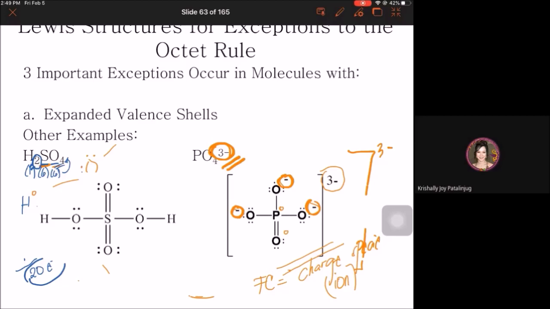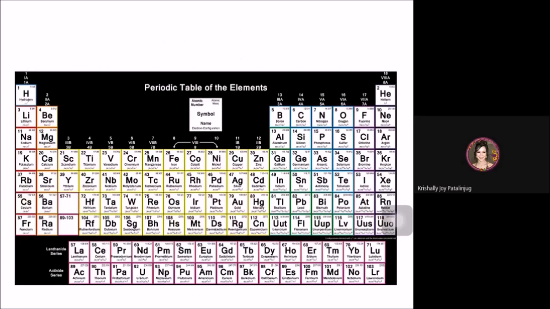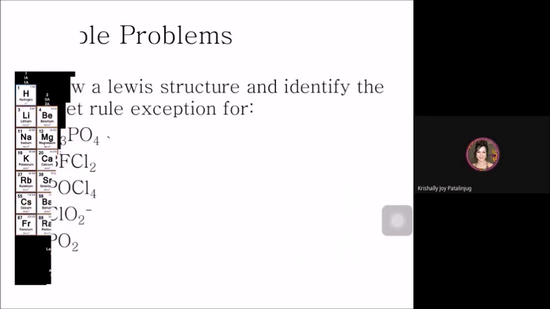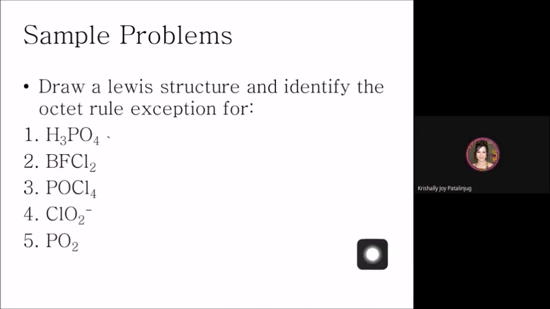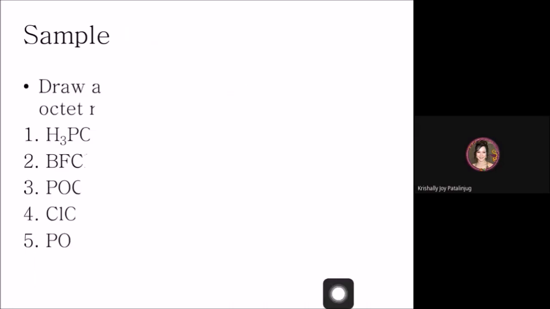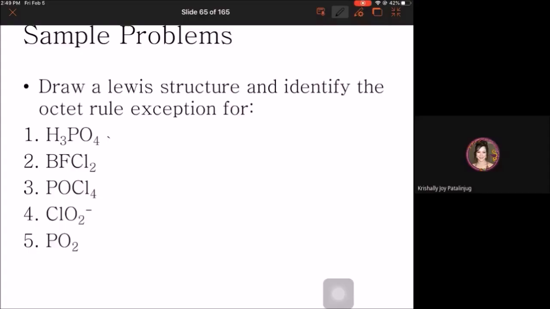Okay, let's have other examples. Let's start with phosphoric acid. It says, draw the Lewis structure and identify the octet rule exception.